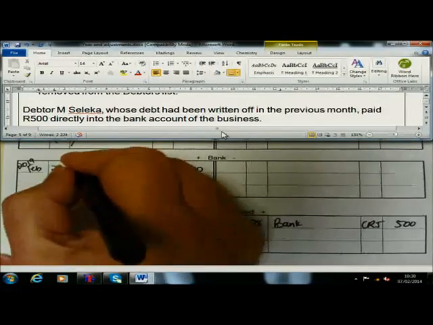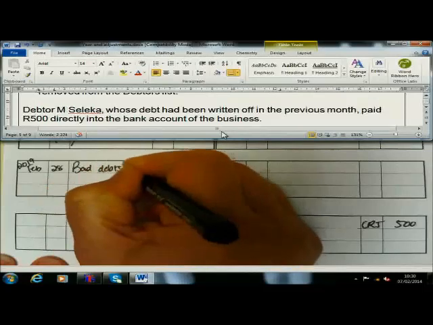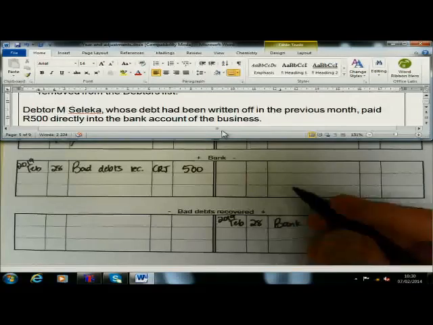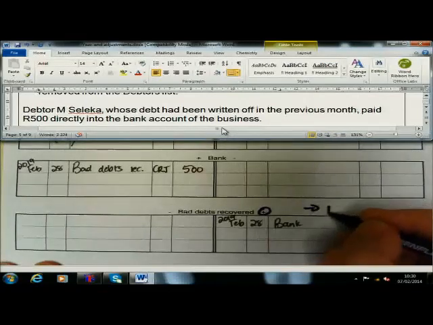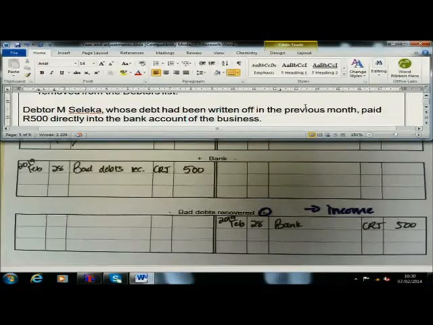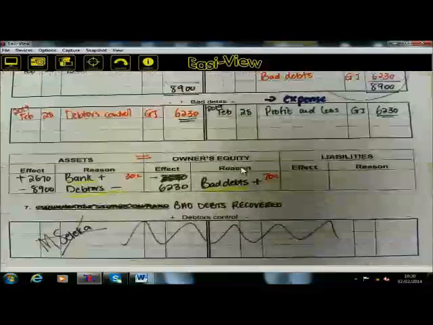This person is not a debtor anymore, so we've got a new account, Bad Debts Recovered. And this is an income for the business. Can you see the plus there? This is an income for the business because we show it as an expense. There we show the bad debts as an expense.